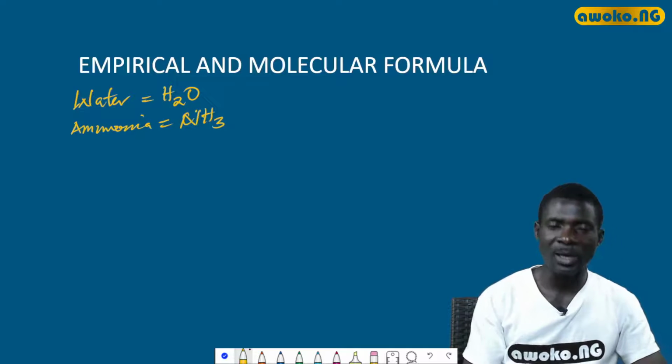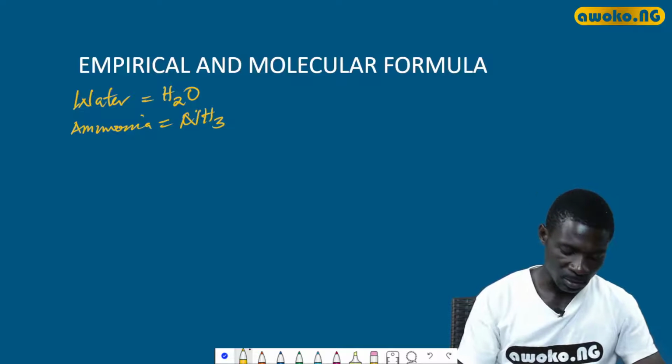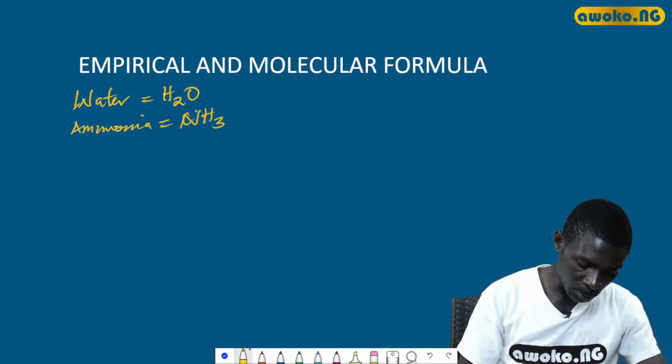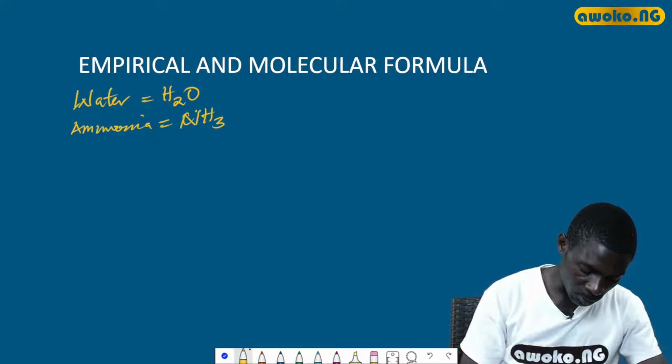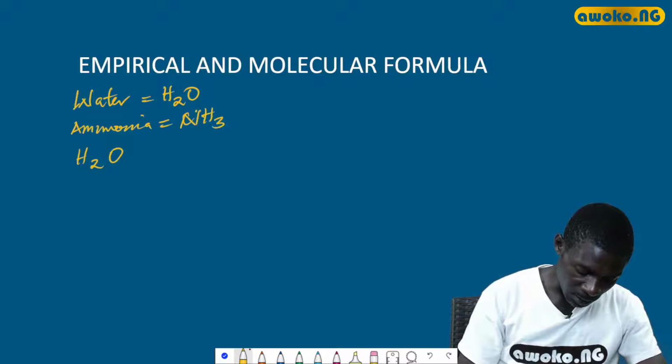Okay, so these are empirical formulas of some common compounds. Then the molecular formula of water is also H2O, and the molecular formula of ammonia is also NH3.